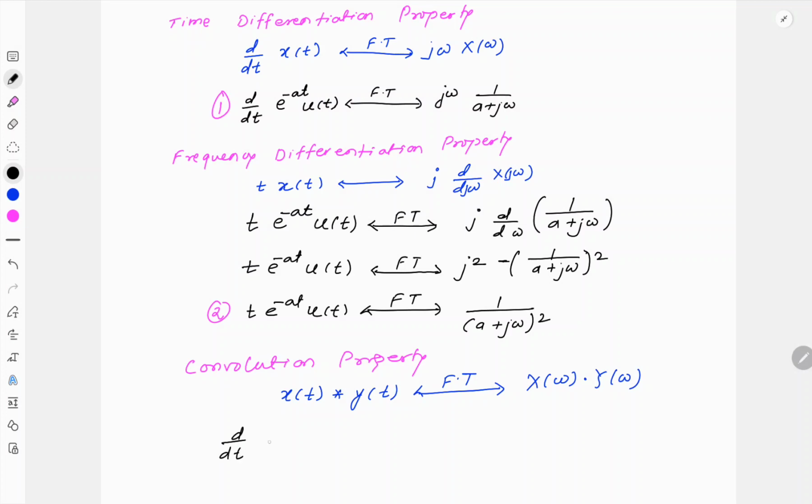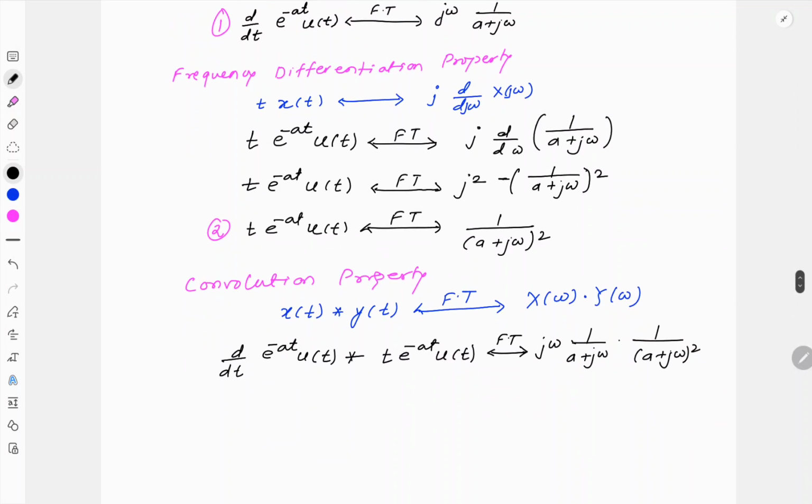d by dt of e raised to minus at u of t, convolving with t into e raised to minus at u of t, will have a Fourier transform pair with, for the first term, j omega into 1 upon a plus j omega. Here it is convolution, so now it will be multiplication with the second term, 1 upon a plus j omega whole square.